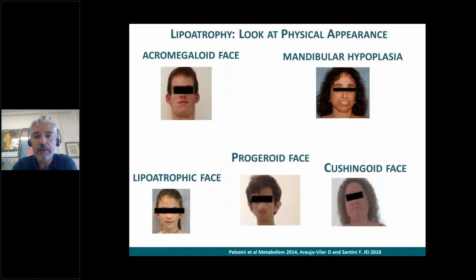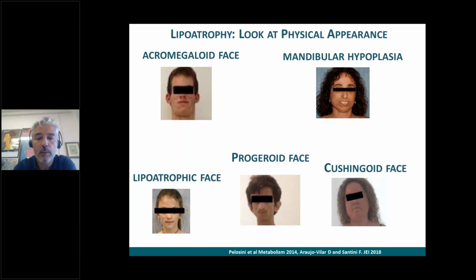Other aspects that may be associated and important to be recognized because they may be associated with syndromic lipodystrophies are the acromegaloid phase, typical of congenital forms of lipodystrophy, the progeroid phase, signs of premature aging.